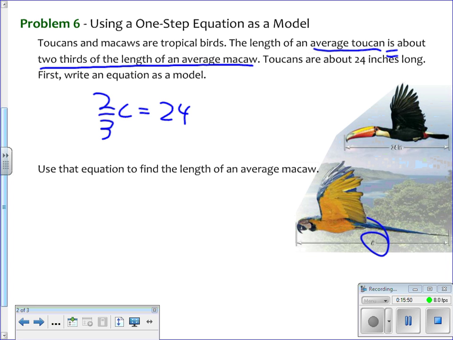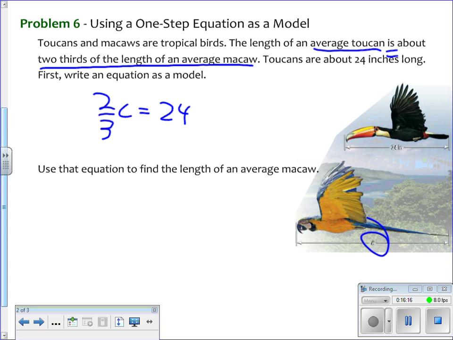Okay. So we have to set up the equation. The macaw is bigger than the toucan. The toucan is 2/3 the size. If you read the equation, the toucan equals 2/3 the length of the macaw. "Of" generally means times. 2/3 times the length of the macaw is the length of the toucan.